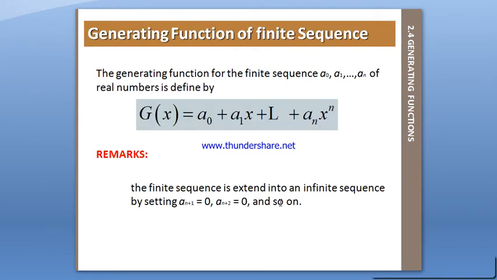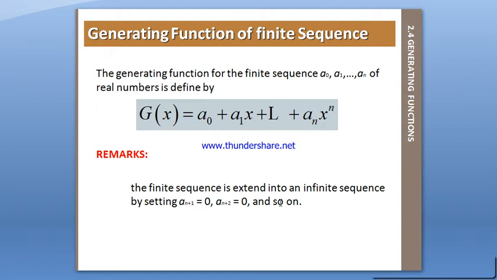Now, let us consider a finite sequence. Suppose we are given a0, a1, a2, and so on, an, a finite number of real numbers. Then, as we did in the previous case of an infinite sequence, the generating function can be written as G of x equal to a0 plus a1x plus a2x square and so on plus an x power n. This is not a special case.